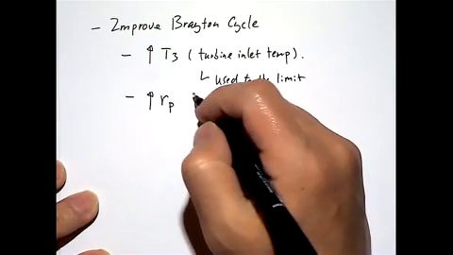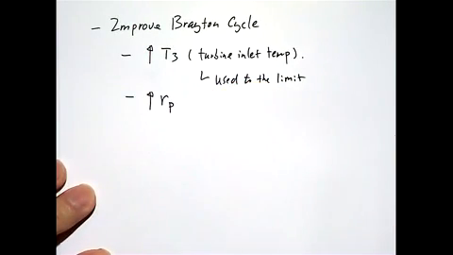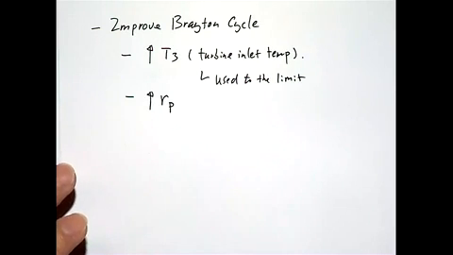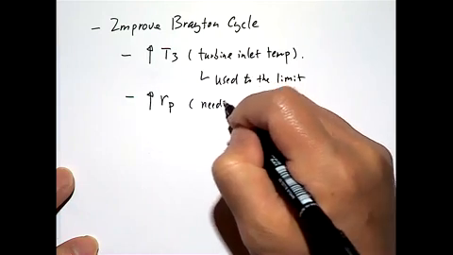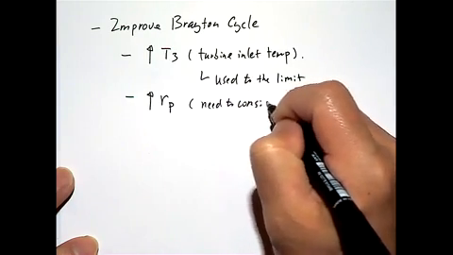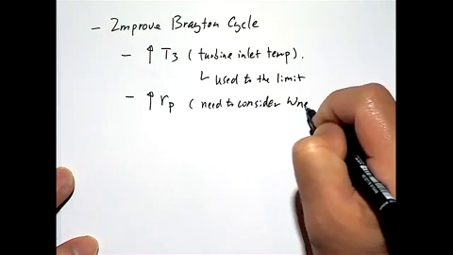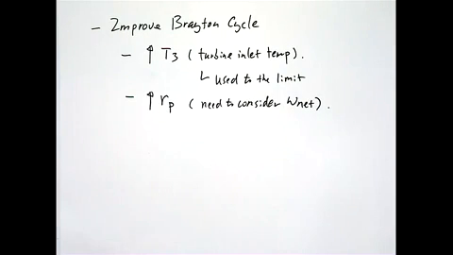Efficiency always goes up with the pressure ratio, but we want to pay attention to the net work output. You don't want to trade off the net work output too much, because efficiency will have diminishing returns at some point, so we need to consider the work output.